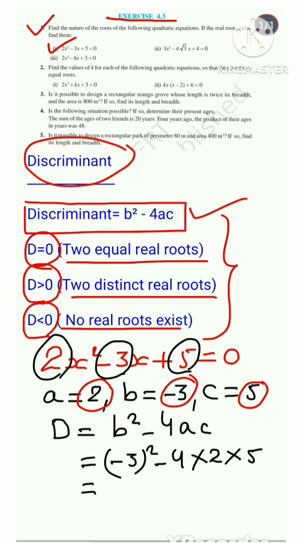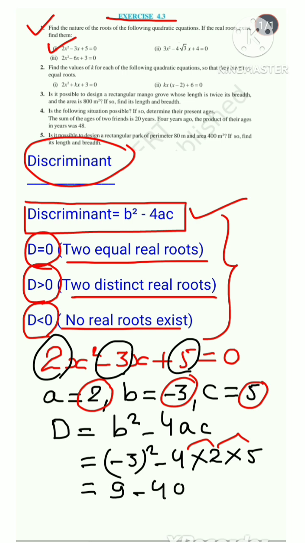Now, the square of minus 3 will be plus 9 minus, and here 4 twos are 8, 8 fives are 40, so minus 40.